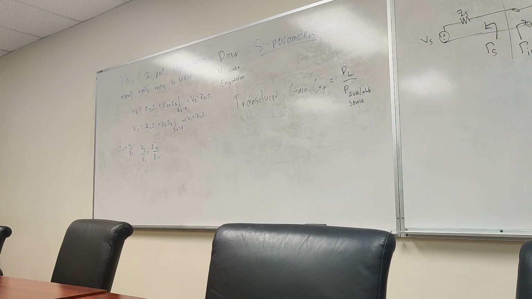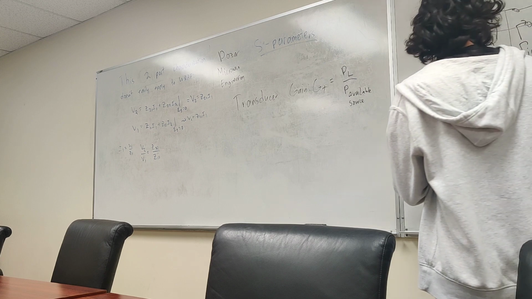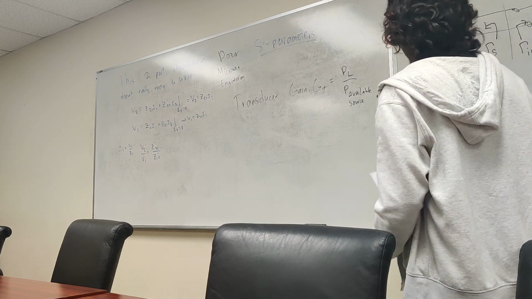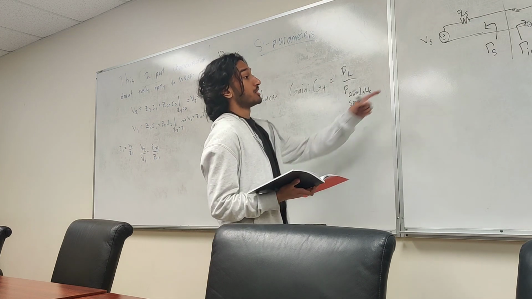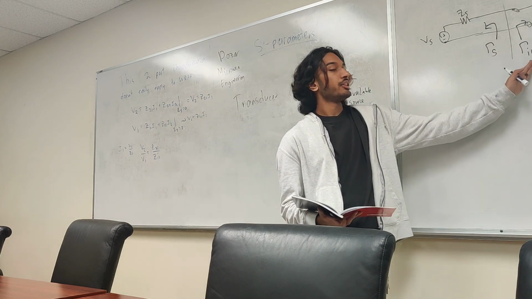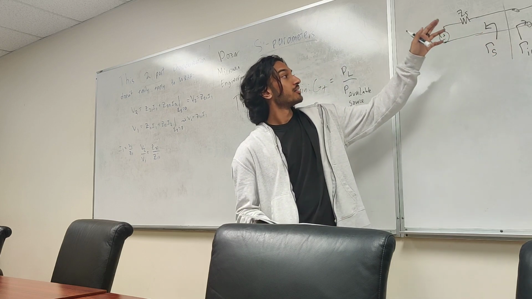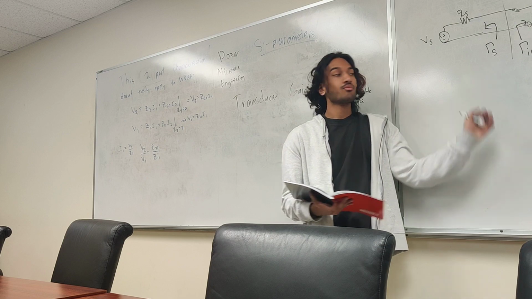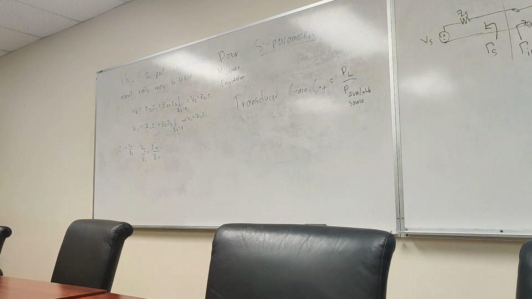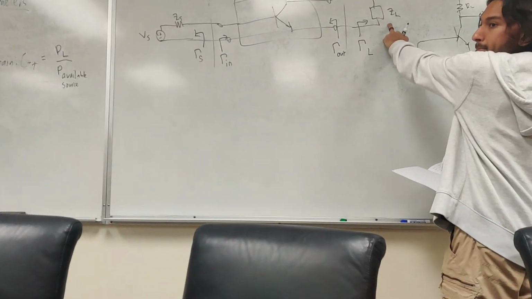We'll see why soon enough. I'm going to throw more math at you guys. What we can see from here is that the power right here is dependent on ZS. It depends on our matching here. Similarly, whatever power we see here and here depends on whatever ZL is.